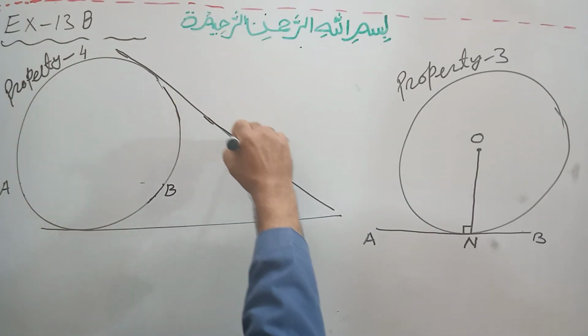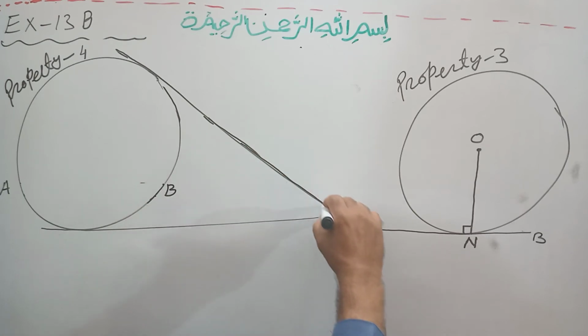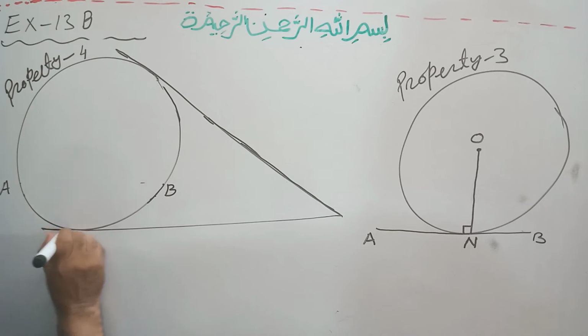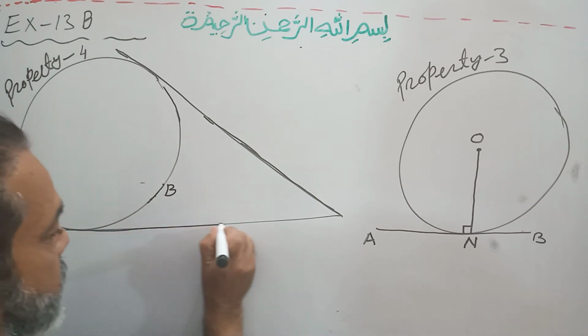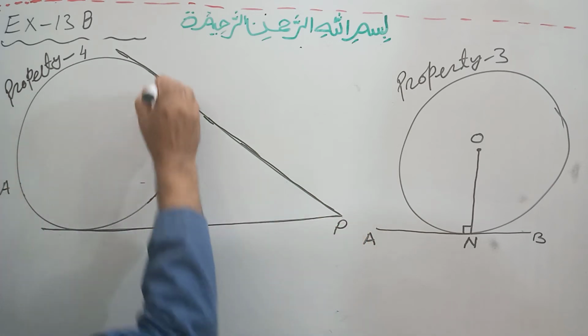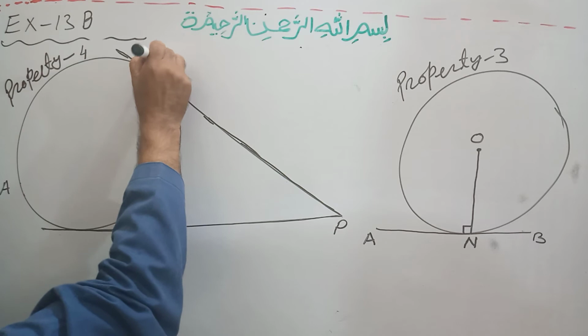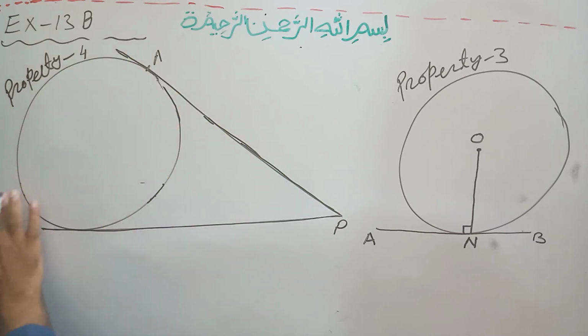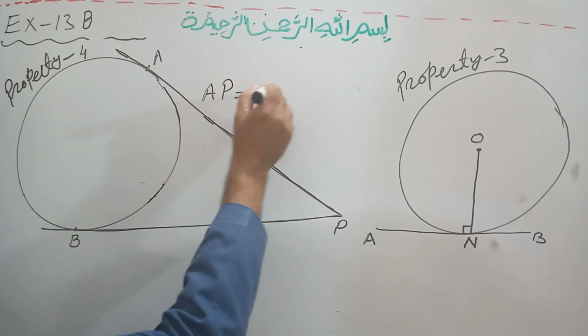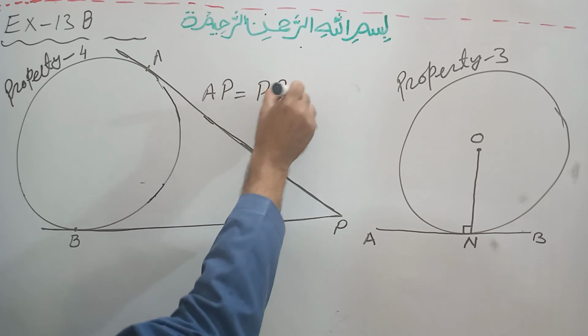These are from an external point. P is the point. They touch the circle at A and B. Tangents from an external point are equal in length. AP is equal to PB.